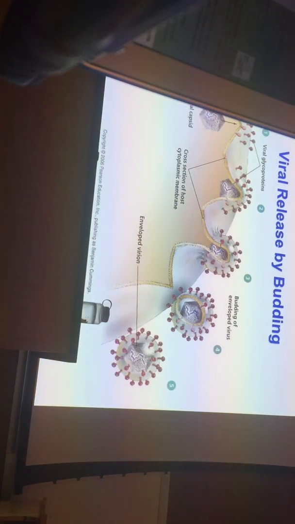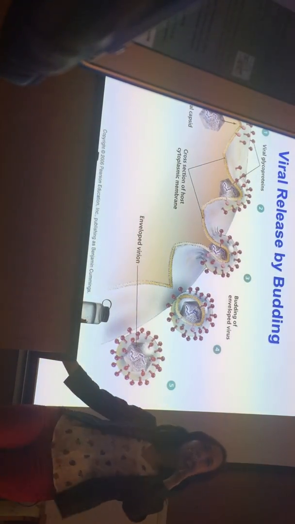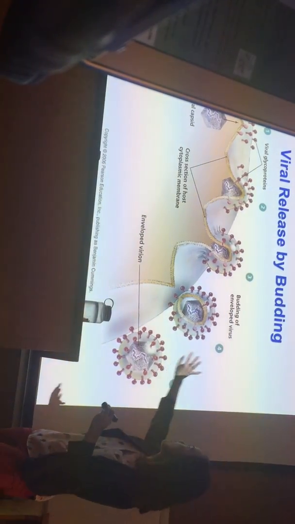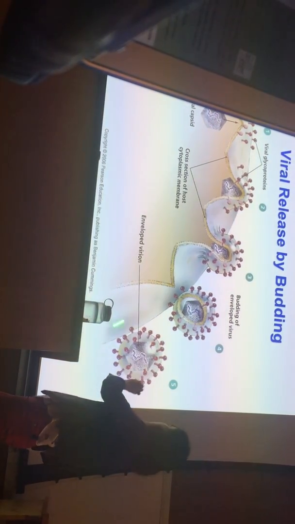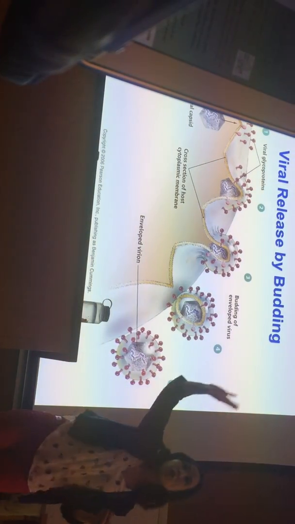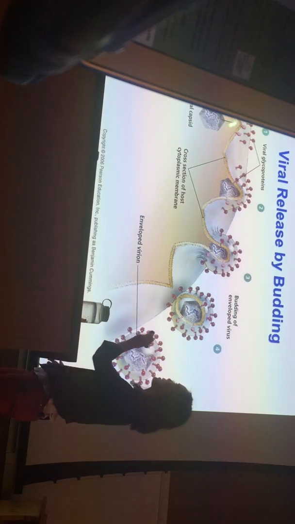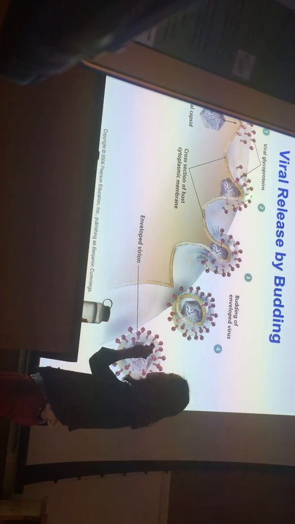There we go, this is a better picture of the budding. I said the virus forms a little docking station on the top. This would be your cell. The virus is already infected, it went through all the steps, and everything's assembled. Then it cruises up to the top and forms a little bud.